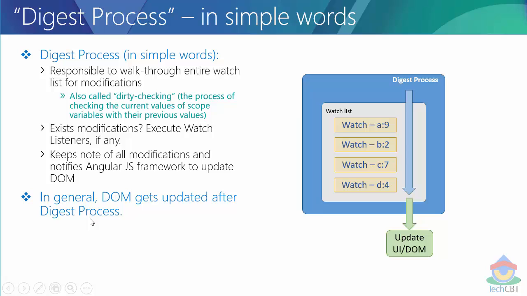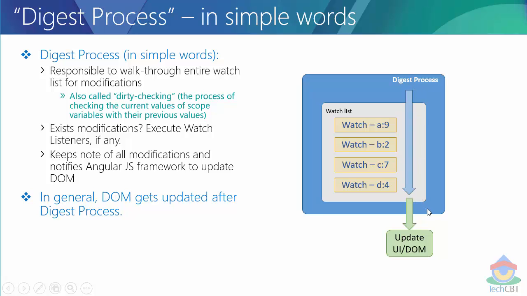And in general, the DOM gets updated only after the digest process. This means the process has to complete first before updating any of your DOM markup. If you have scope variables and you happen to modify the scope variables' data, then before the data binding updates occur on the DOM, the digest process gets executed behind the scenes.